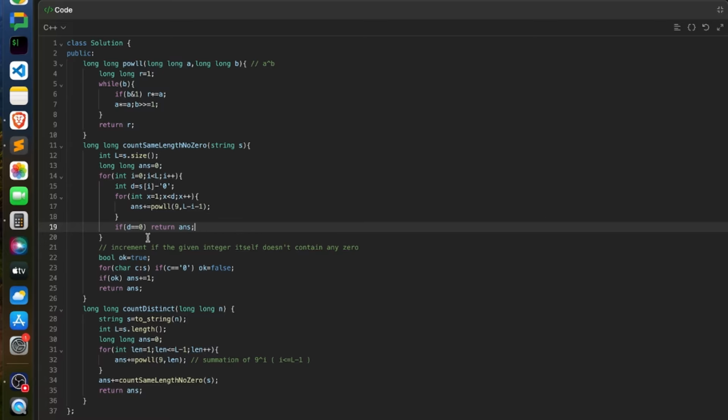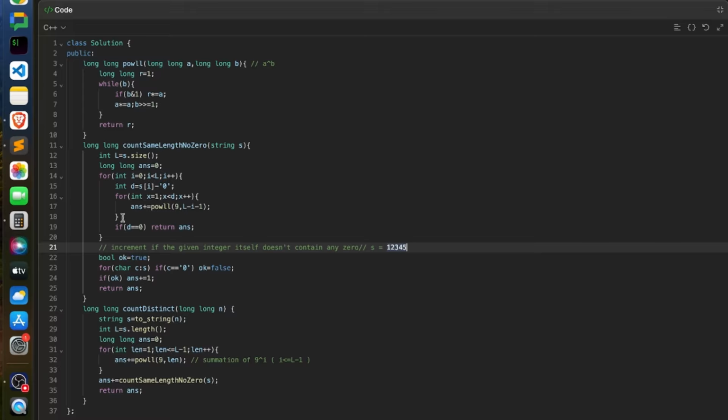And after that, otherwise there would be one corner case that would be left. So let's consider if your original string S does not contain any zero at all. For example, let's say your S is nothing but 1, 2, 3, 4, 5. So it doesn't contain any zero, right?